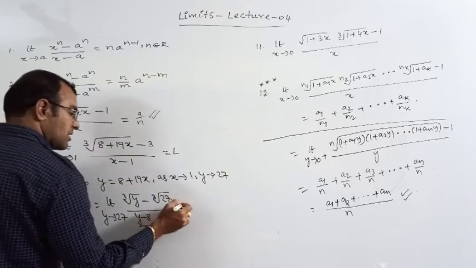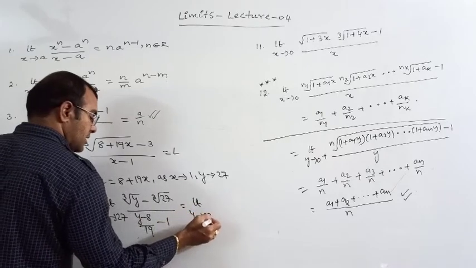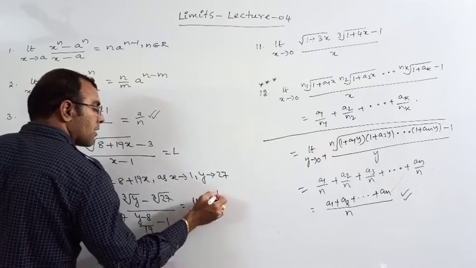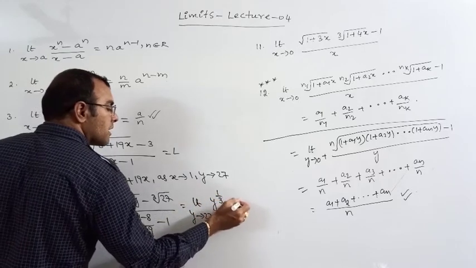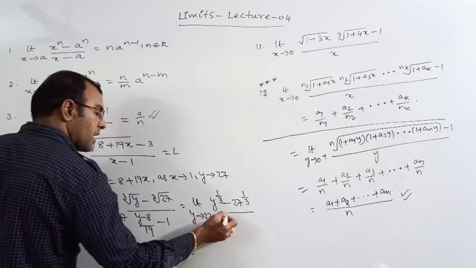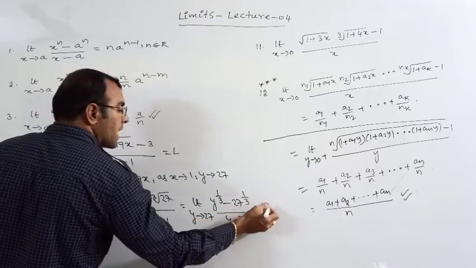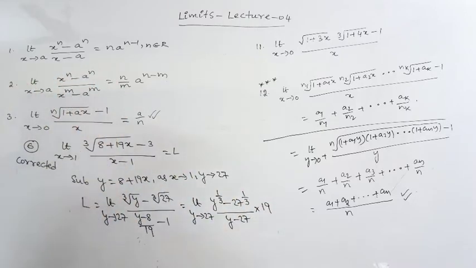So this equals limit y tends to 27, y power 1 by 3 minus 27 power 1 by 3, by y minus 27, into 19. Rest of the thing you can do.